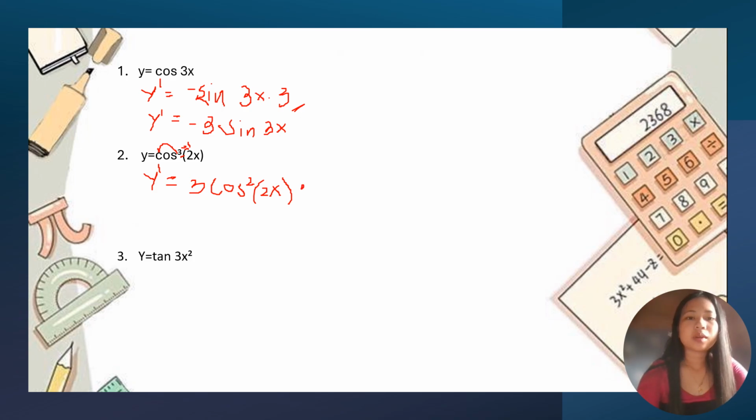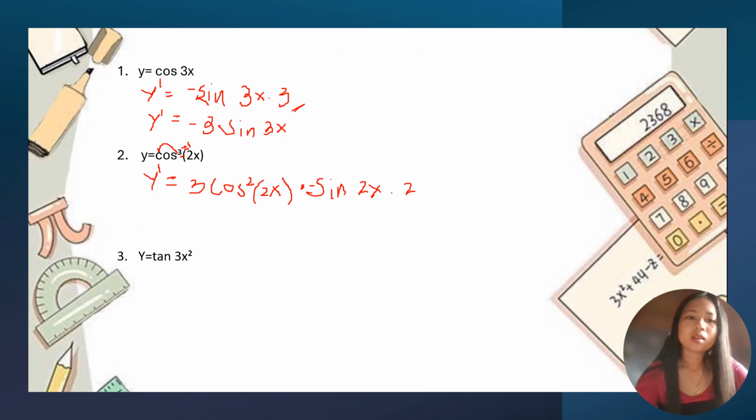Here we use the chain rule again: the derivative of cosine is, excuse me, negative sine 2x, then the derivative of 2x is 2.